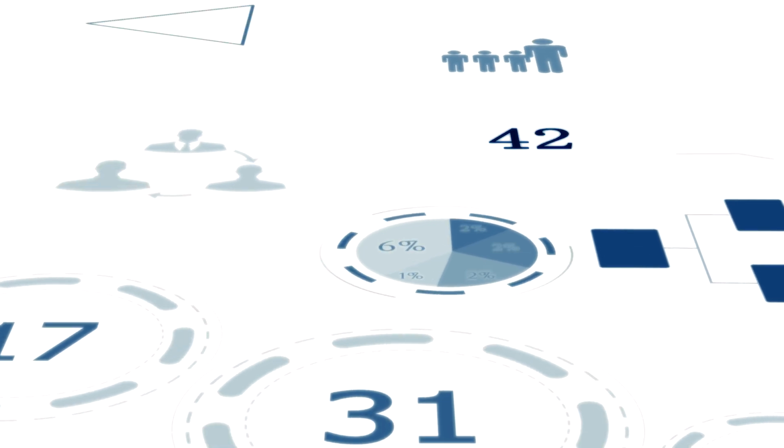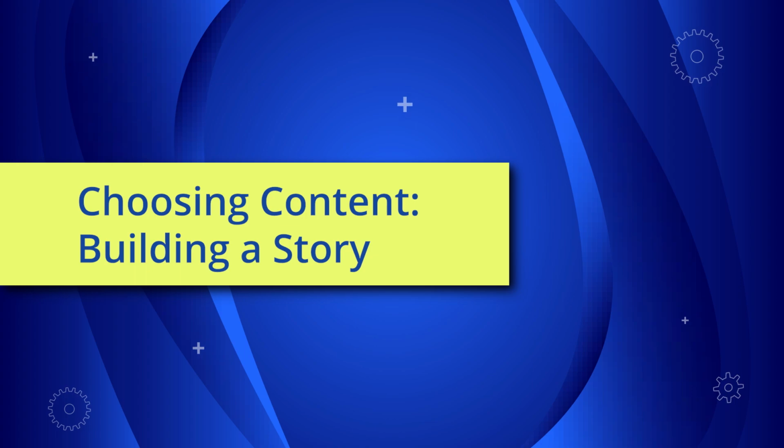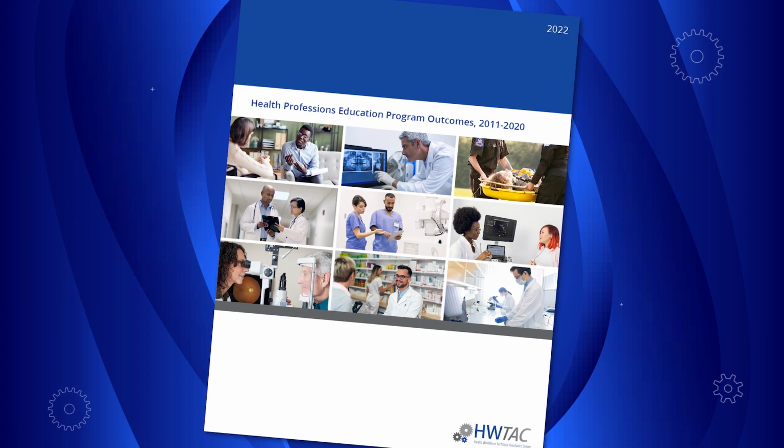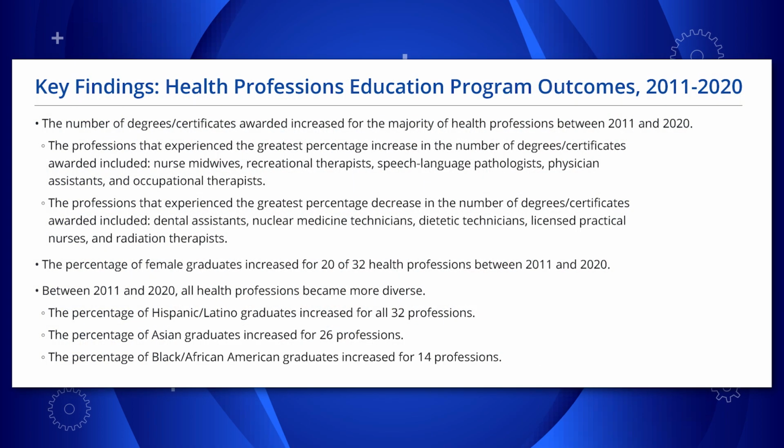Now that we've learned why infographics are important, let's walk through how to create a basic infographic. A good place to start when building your infographic is your key findings. So let's look at our key findings and identify any overarching themes.